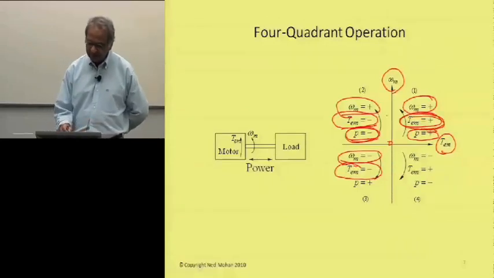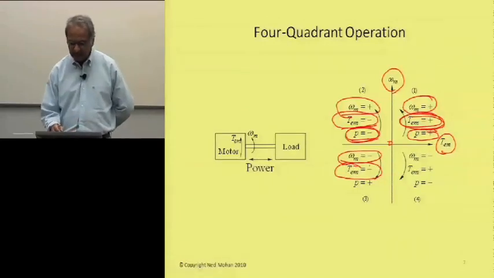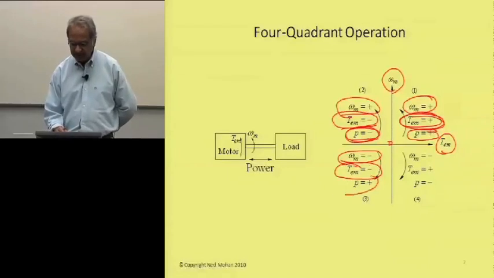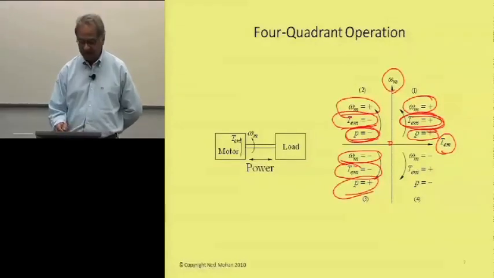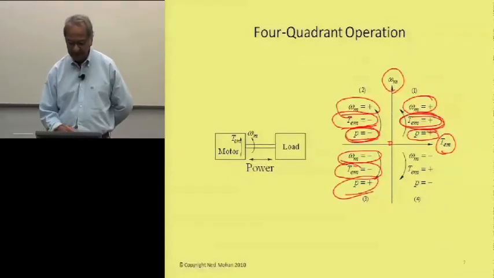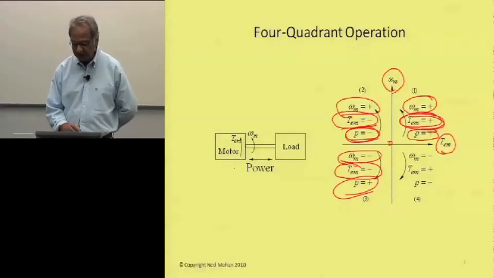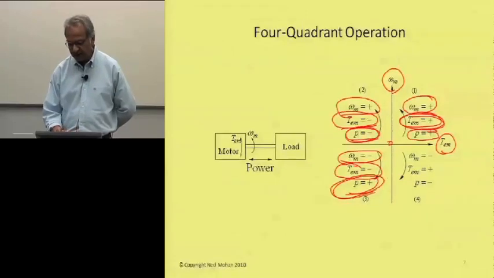This negative torque and negative speed would again result in a positive power, because power is really the multiplication of torque and speed. So the power is coming from the motor to the load, and that's why this power is positive.